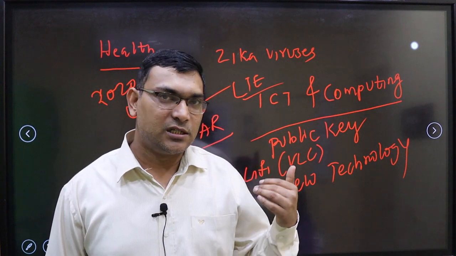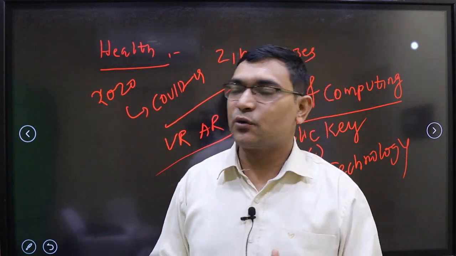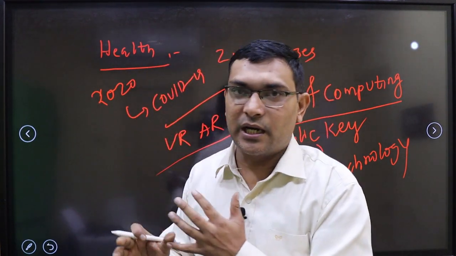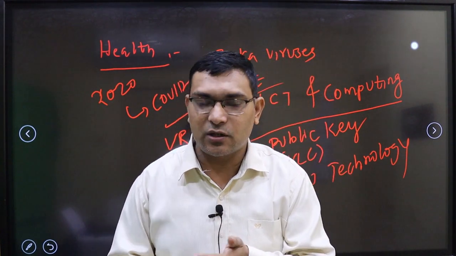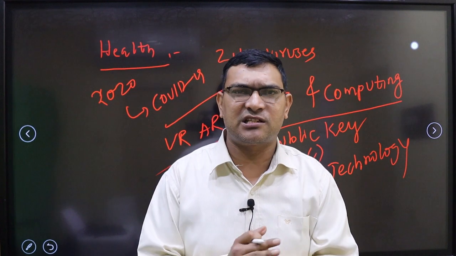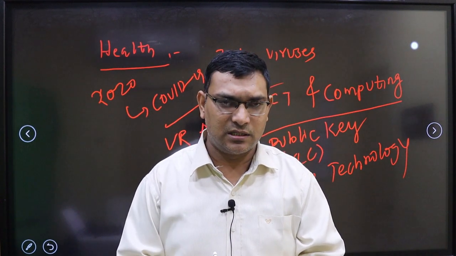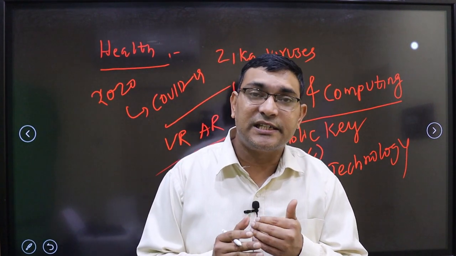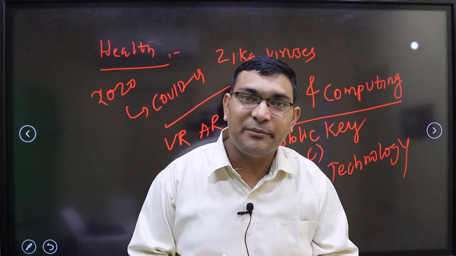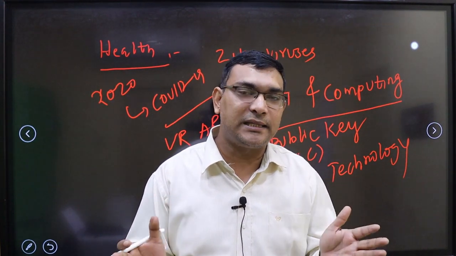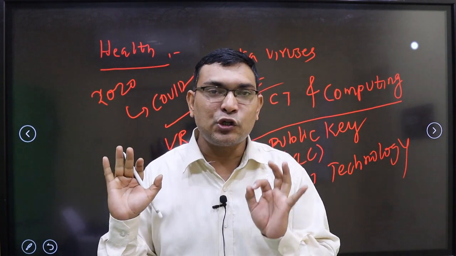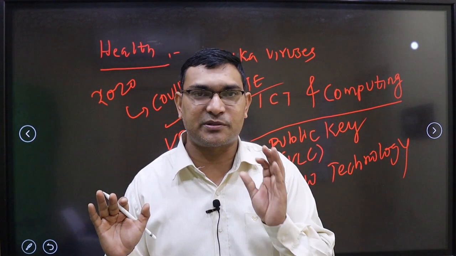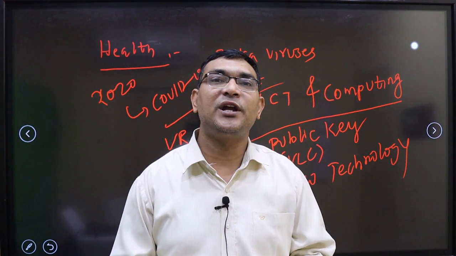In these 10 to 15 classes we are going to cover the whole syllabus regarding health, nuclear technology, from the basics point of view. How a centrifuge works or uranium enrichment, we don't want technical things. UPSC will never ask technical things. UPSC will ask from a general perspective. You have to know what uranium enrichment is.